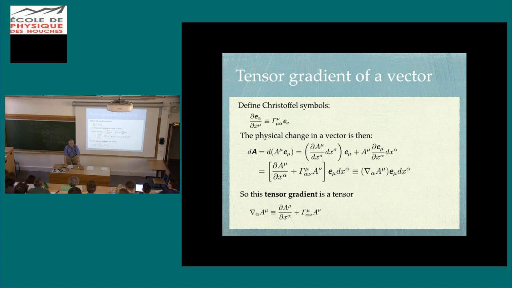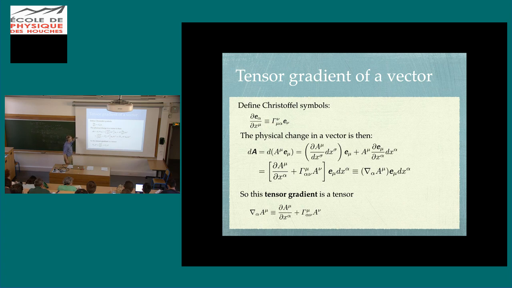Now, in a Cartesian coordinate system, what would these Christoffel symbols be? 0, all of them, because the basis vectors don't change in direction or magnitude as you go from place to place.